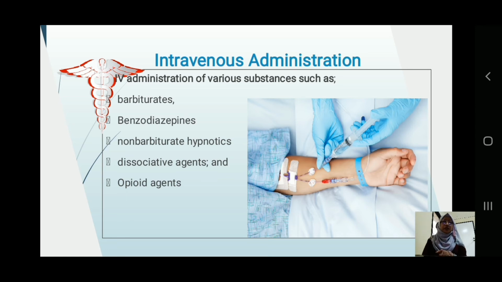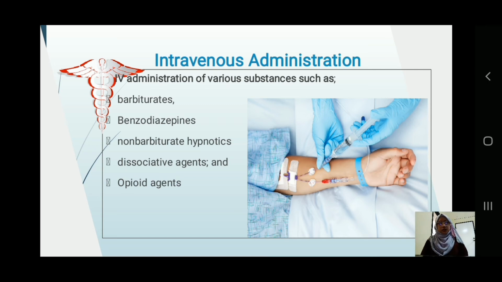And the benzodiazepines, any of a group of aromatic lipophilic amines used especially as tranquilizers. A tranquilizer is a drug that causes a person or animal to become very relaxed and calm. And non-barbiturate hypnotics means not consisting of or pertaining to barbiturates or not derived from barbituric acid; non-barbiturate sedatives.